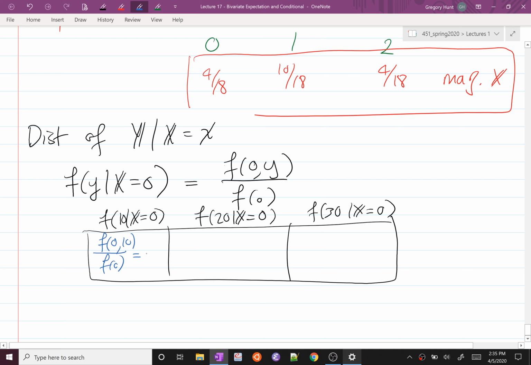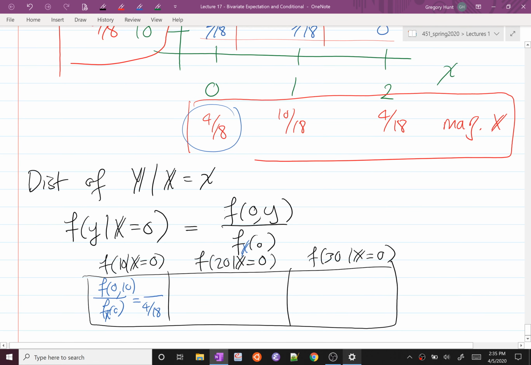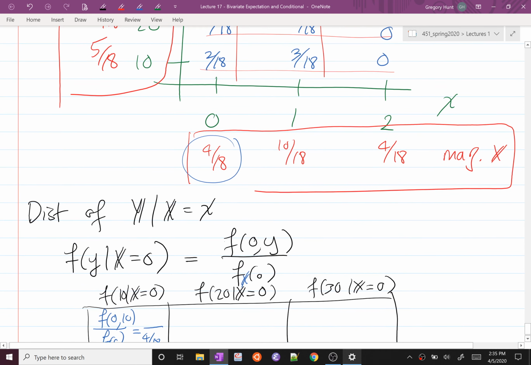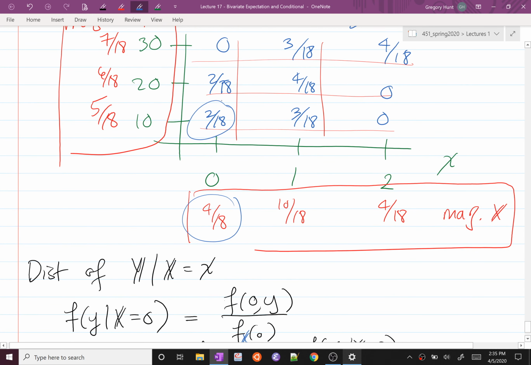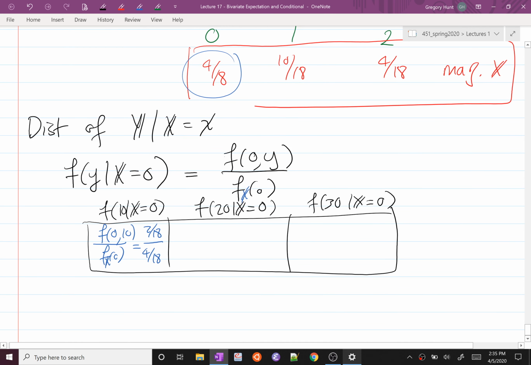It's 4/18ths in the denominator, and in the numerator, f of 0, 10 gives us 2/18ths. So in total, we get 1/2.